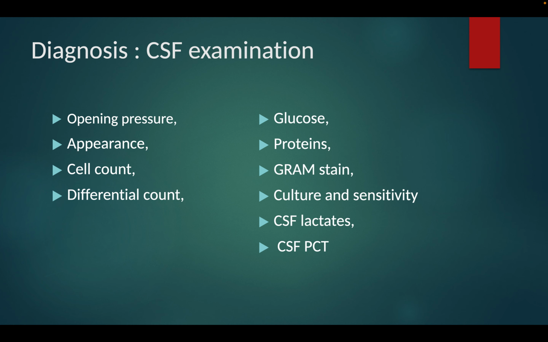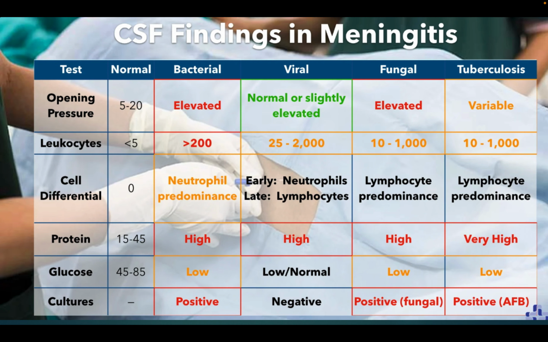And of course, the CSF procalcitonin. As I said, these are the various findings in different causative etiological agents. As you could see, the normal opening pressure is somewhere between 5 to 20.